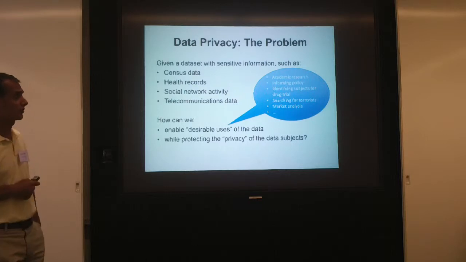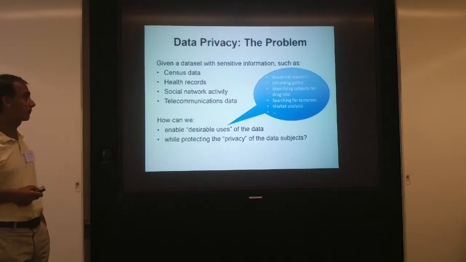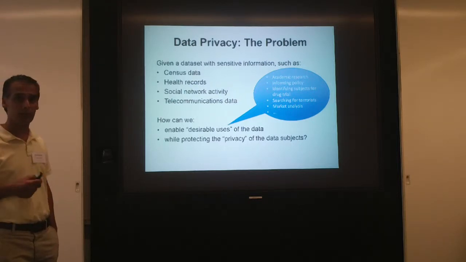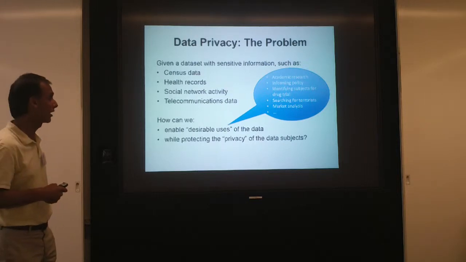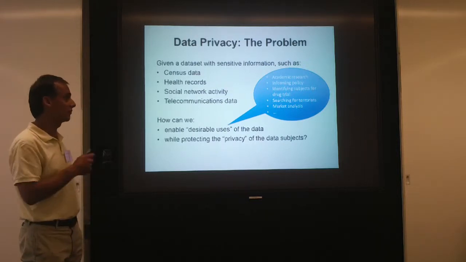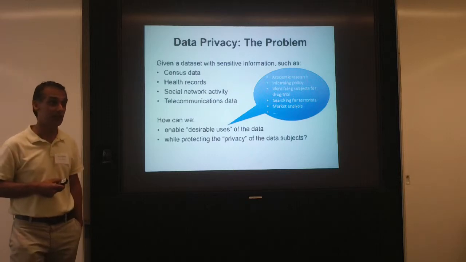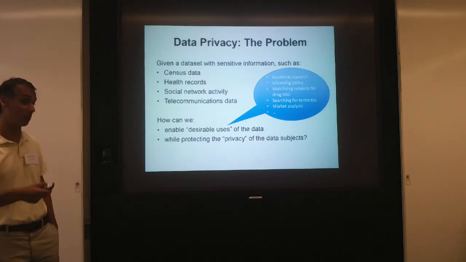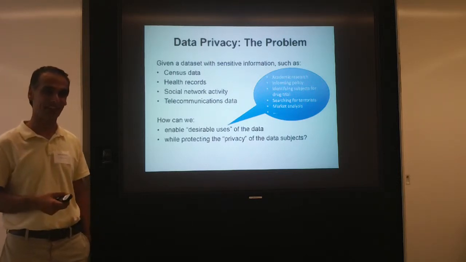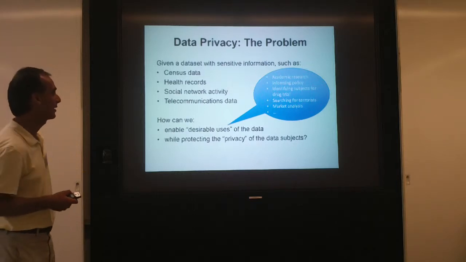But in other contexts, census data, for example, is useful for informing government policy, and in medical research for identifying subjects for a drug trial. And there we may not want to identify a subject based on incorrect information.